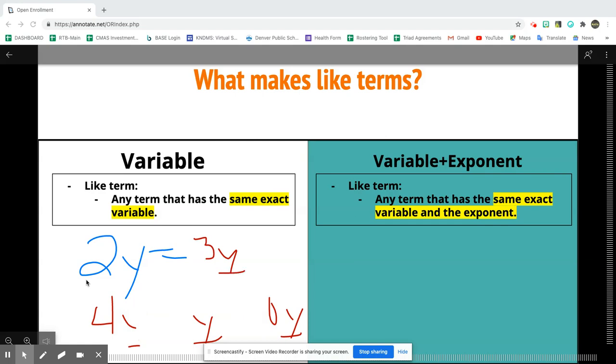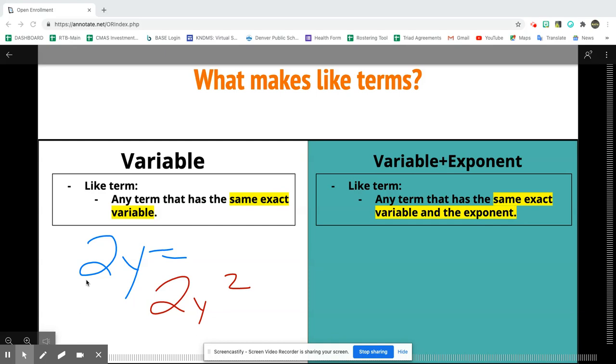This is also not to be confused: 2y to the second power is not a like term, because I just need the variable to be the same, and because my y does not have an exponent, neither can my like term. So it only has to be terms that have just a number and the variable y. We can see here that variables and exponents are considered different terms.